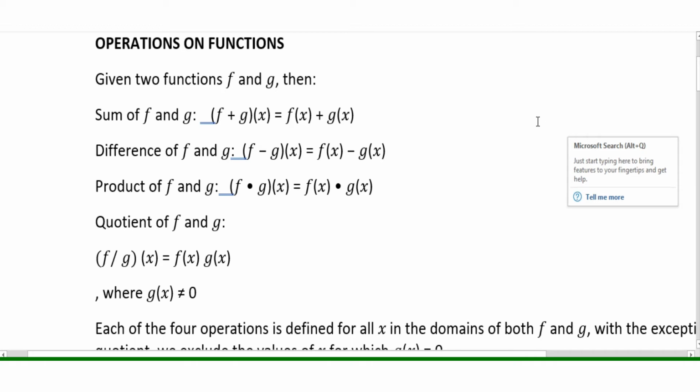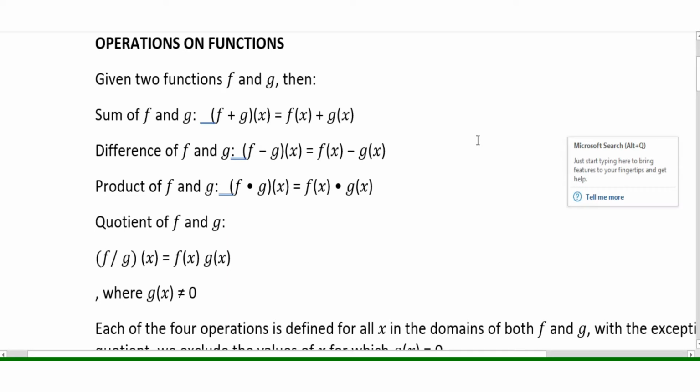Good day, students. We are going to take a very important lesson for today in General Mathematics Grade 11 class. So last time we have learned about operations of functions.